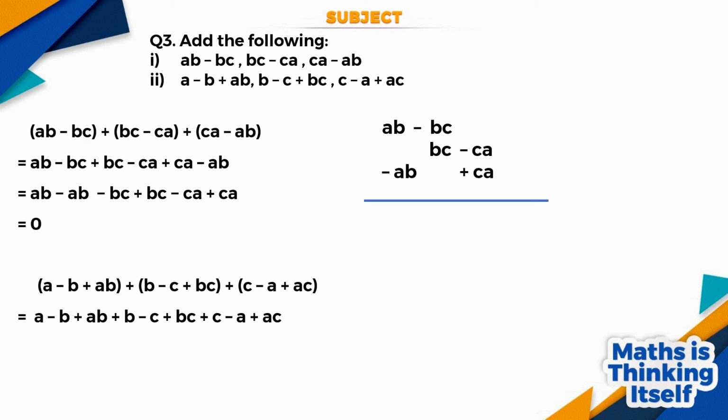So A, and here is minus A, so combine them, A minus B plus B minus C plus C, AB plus BC plus AC. So A minus A gives 0, minus B plus B gives 0, and minus C plus C gives 0. So there is nothing left. So remaining terms are AB plus BC plus AC, and which is our final answer.